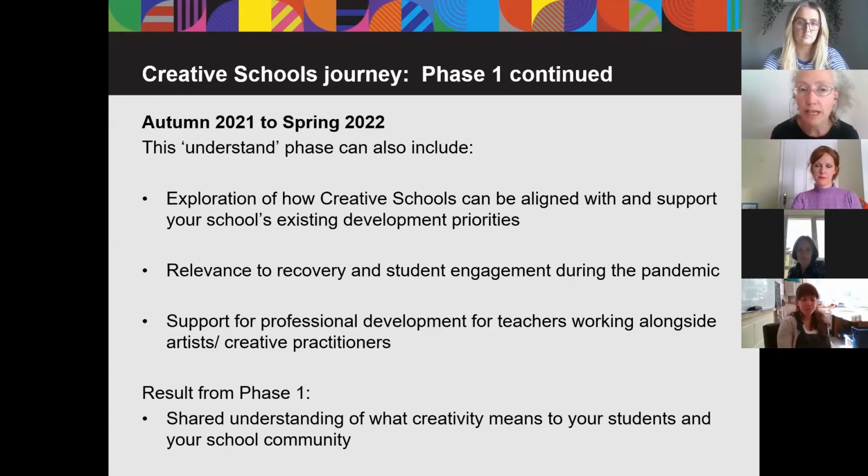You can also look at how creative schools might be relevant to recovery and to student engagement following lockdown, and also as we work our way through the pandemic still. And it's also very good for talking to teachers about professional development that they might like for when they're working alongside artists and creative practitioners.